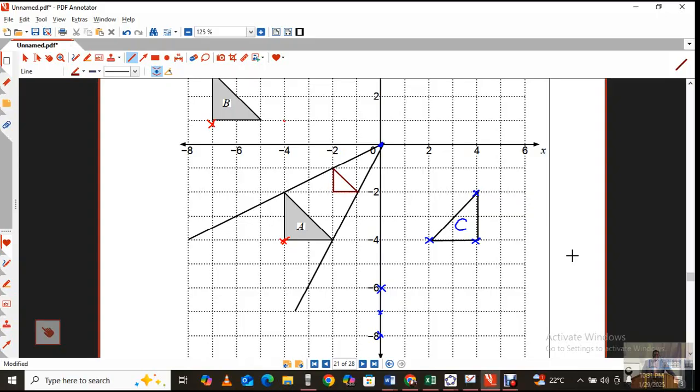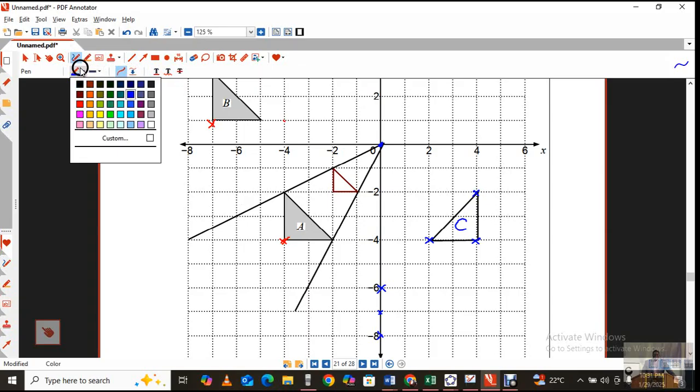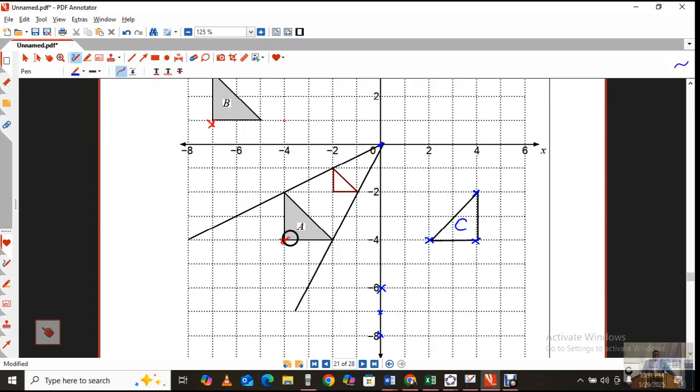If you take the points of A, I'm going to write down the coordinate points of A for you, in blue. This point here is -4, comma -4. Are we together? Because it's half, just take half of that point. Half of that will be -2, comma -2, which is this point here.